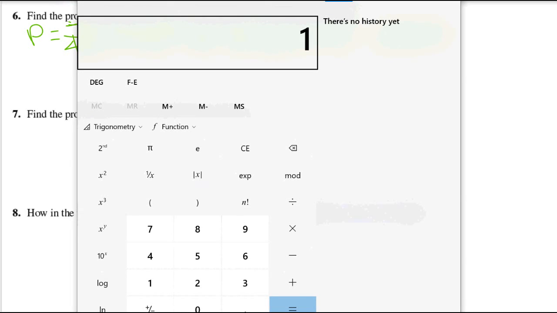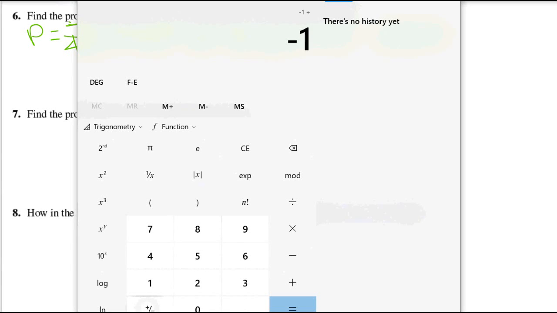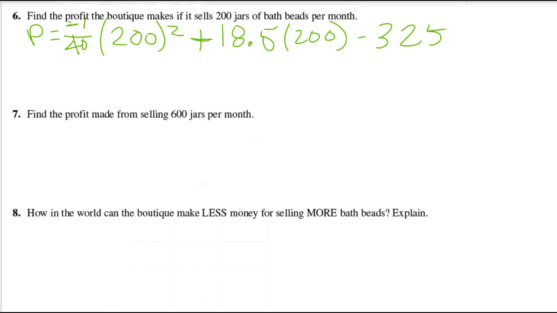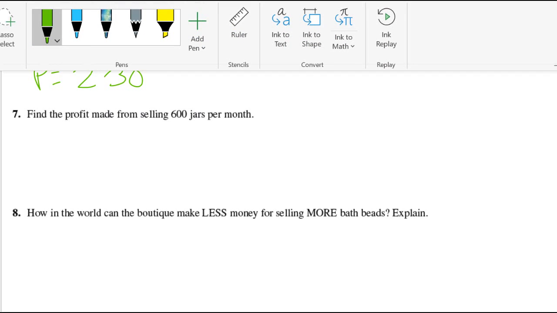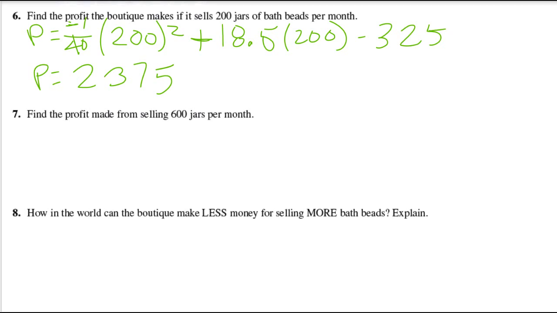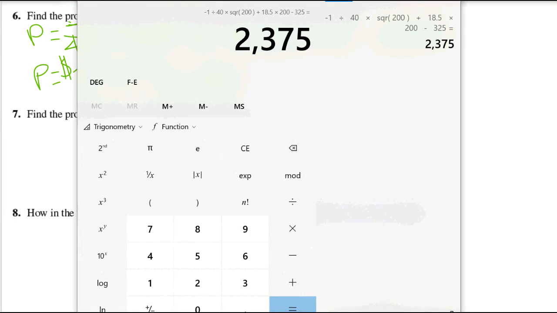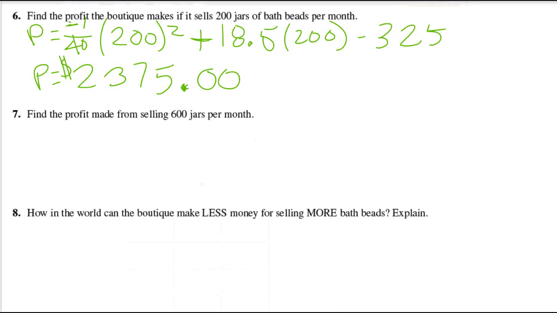So I do 1, and I push the negative sign, divided by 40 times 200 squared plus 18.5 times 200 minus 325, 2,375.